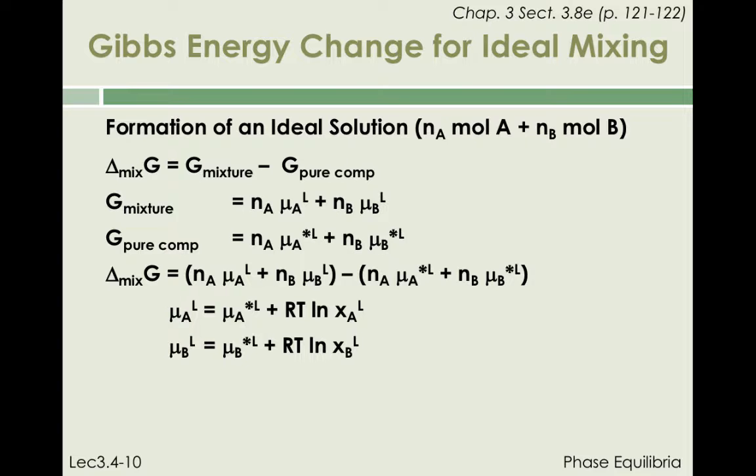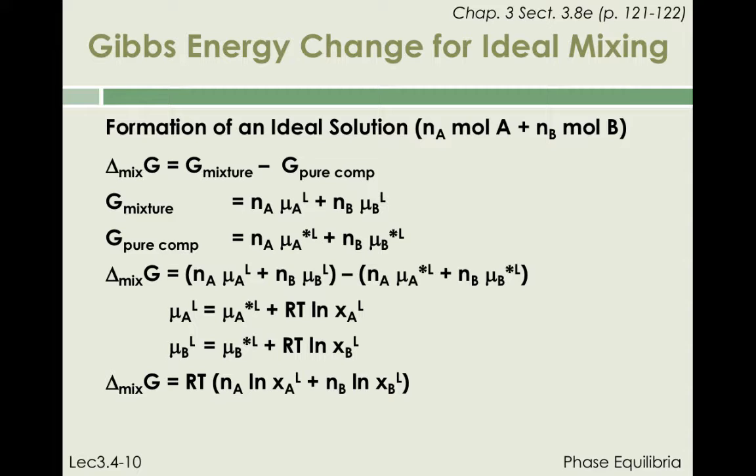This allows us to write delta mixing G equals RT times Na times the natural logarithm of XA liquid plus Nb times the natural logarithm of XB liquid.